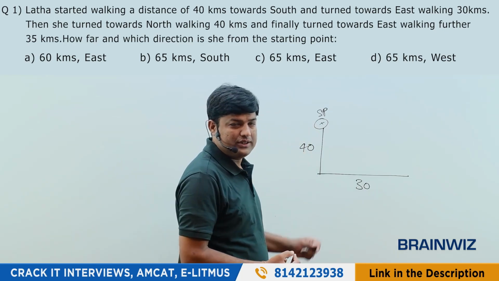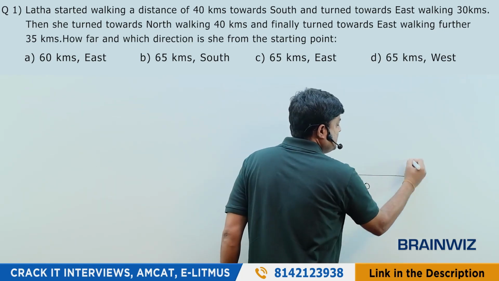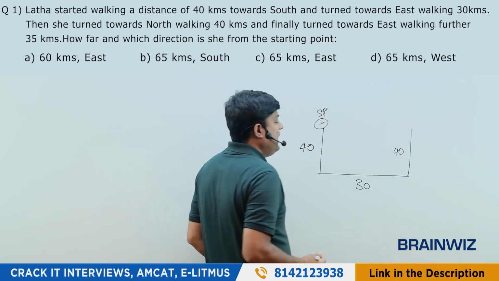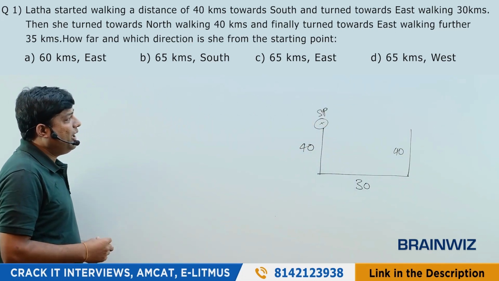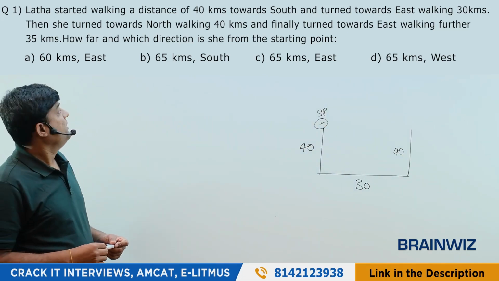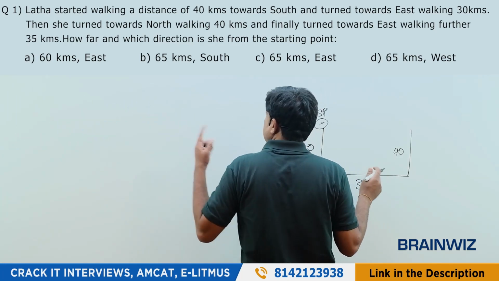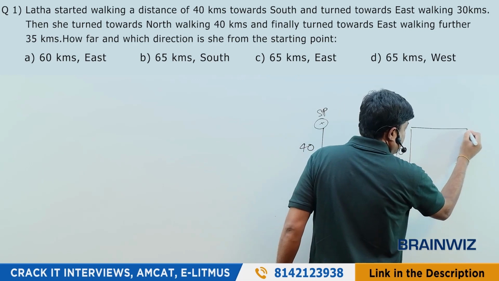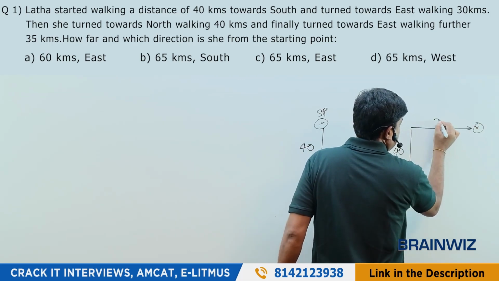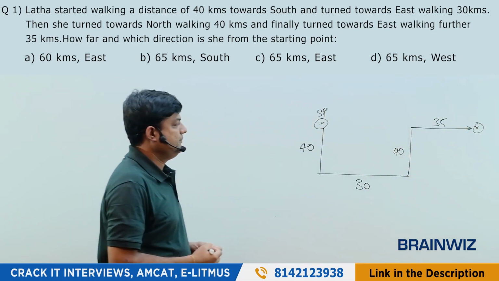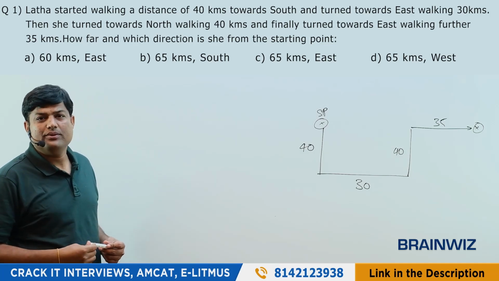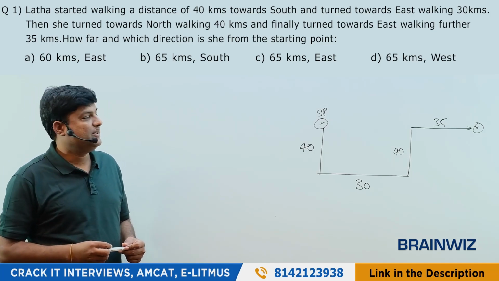Then she has taken north, as he told in the question, north how much? 40 kilometers. And finally she started going towards the east, 35 kilometers. Now he's asking how far and in which direction from the starting point.